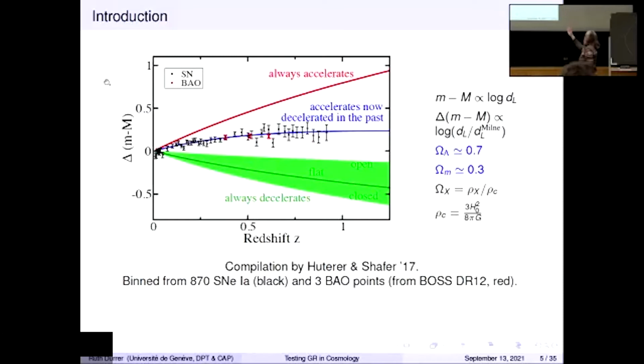But does this mean, so okay, we see this blue line, which is a good fit, and which we can model by having a cosmological constant, which makes 70% of the expansion rate, and matter, which makes 30% of the expansion rate. This omega tells you what is the fraction of the expansion rate which is due to a given component, be it cosmological constant, matter, radiation, or spatial curvature.